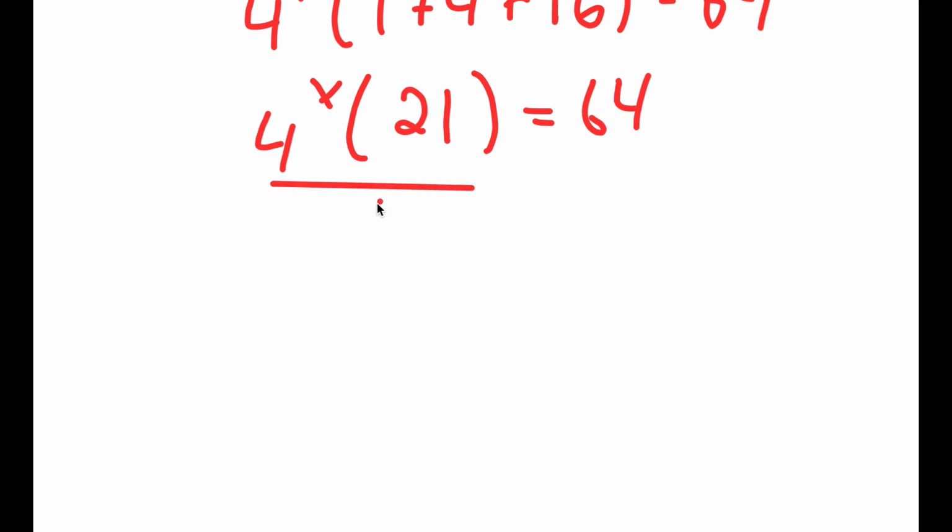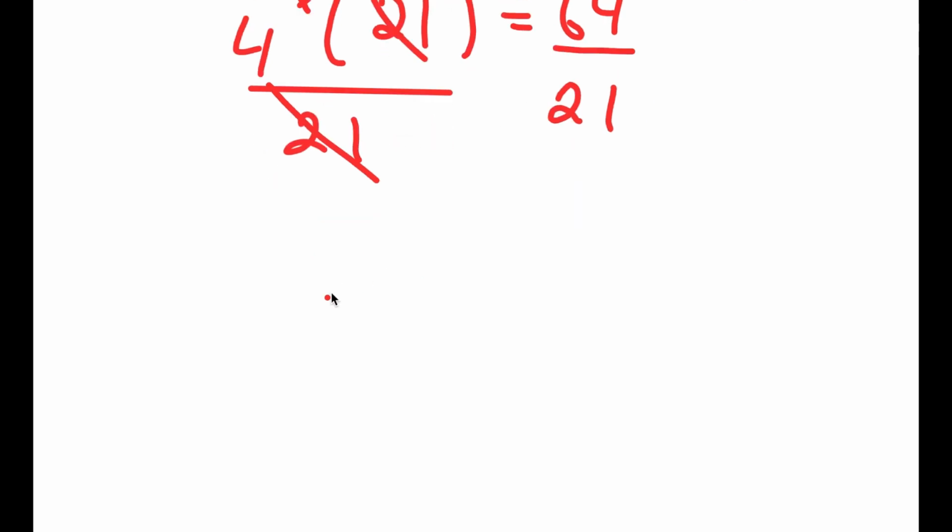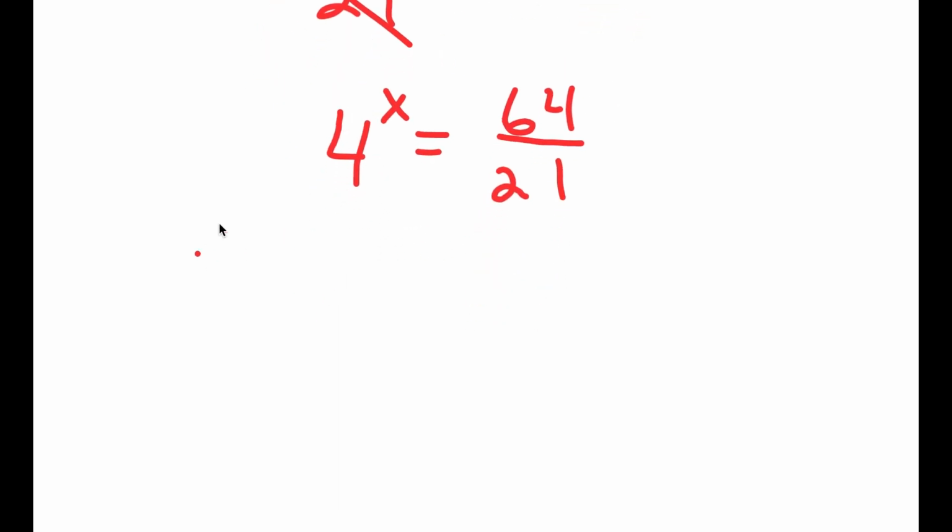And now if I divide both sides by 21, I get 4 to the power of x is equal to 64 divided by 21. Now I'm going to take the log on both sides.